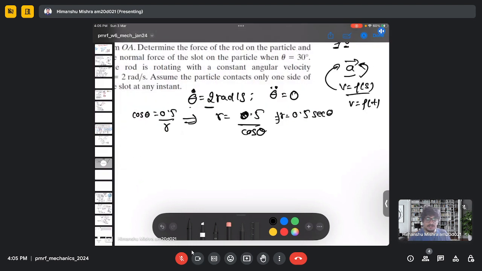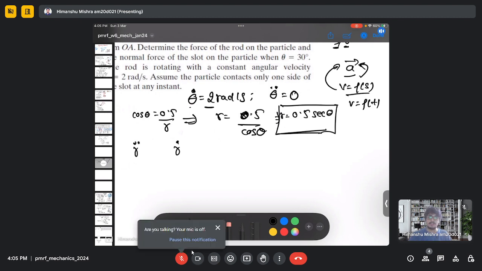So in this question, this is my expression of r in terms of theta. If I differentiate this expression, I will get r dot. And if I differentiate this function again, I will get r double dot, which is required to calculate the components of acceleration in polar coordinates.